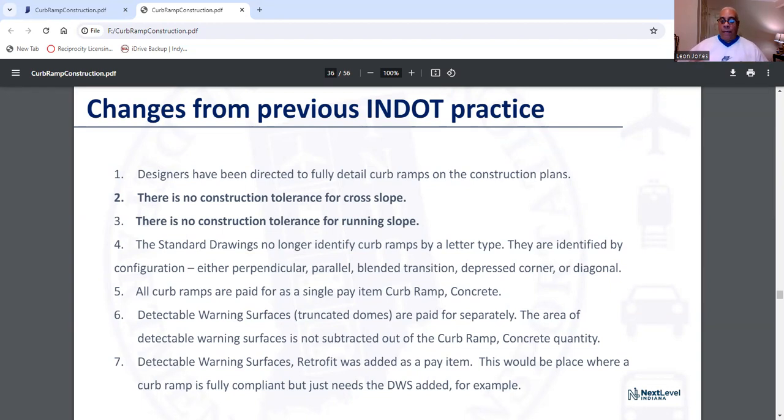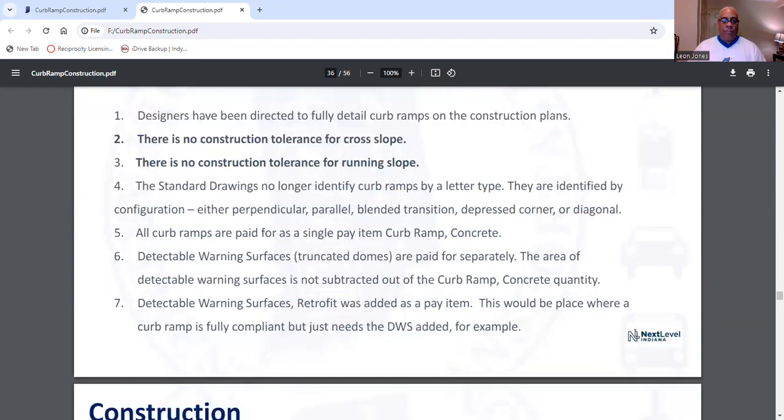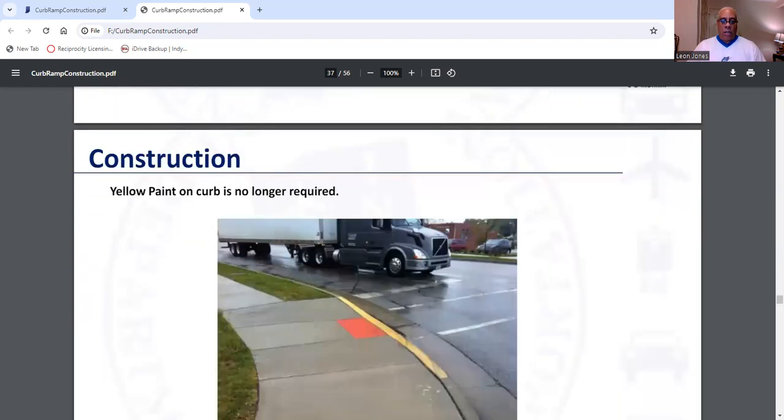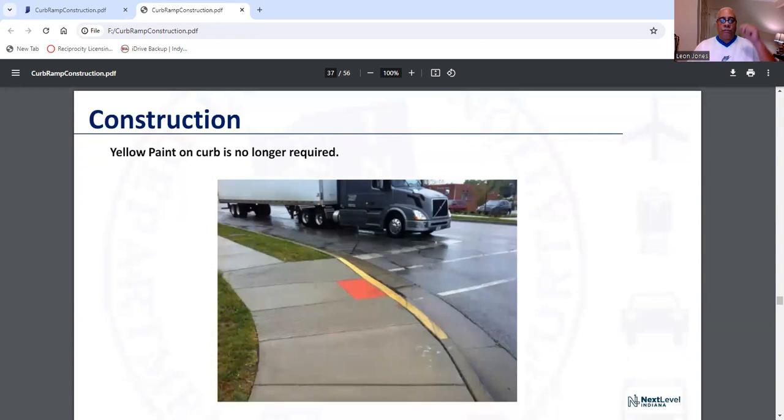So this would be placed where a curb ramp is fully compliant, but it just needs the detectable warning surface added. For example, during construction, now, some cities, yellow paint on curb is no longer required. Some cities still have it.